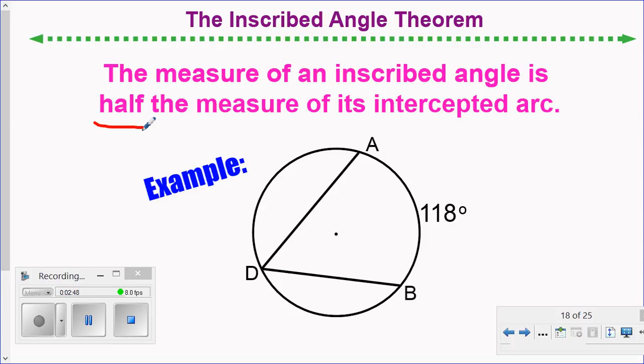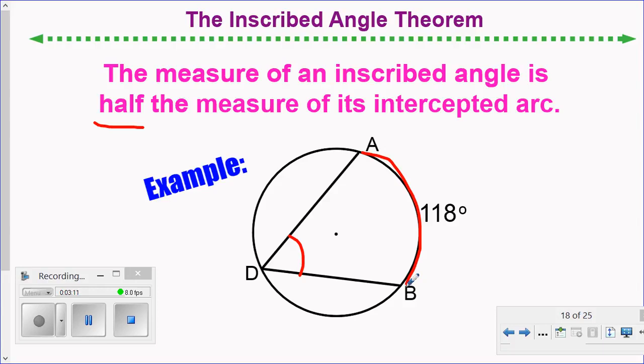Okay, so the inscribed angle, if I'm looking at this example, angle ADB, has a measure that's half of the intercepted arc. We see the intercepted arc is arc AB. If I take half of 118, I'll get the inscribed angle measure.